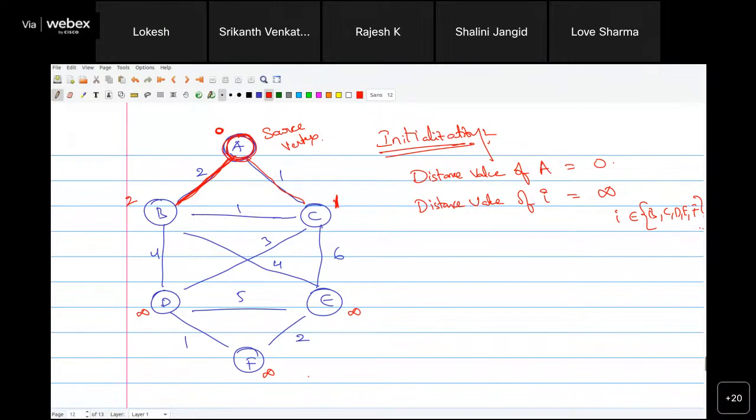Now I will move to one of the adjacent vertices of A, the one with the shortest value.